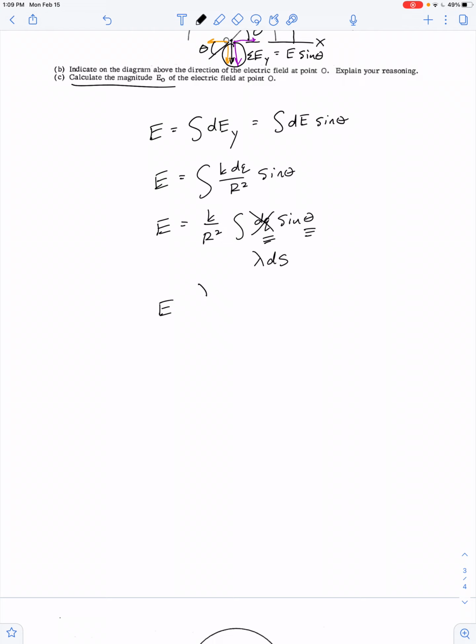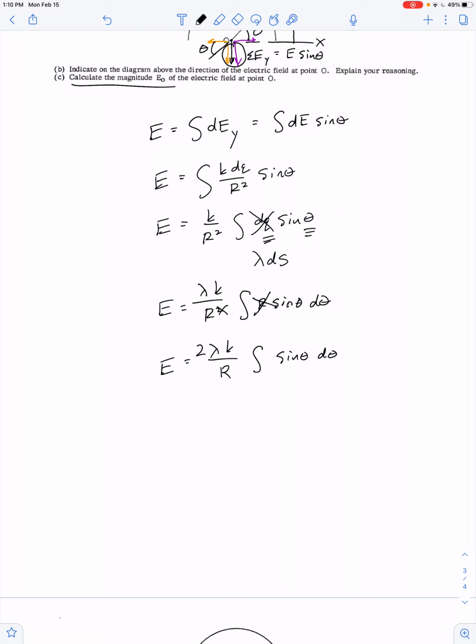So we have lambda k over capital R squared times the integral of r sine theta d theta. And then that r cancels with one of those. So E is equal to lambda k over r times the integral of sine theta d theta.